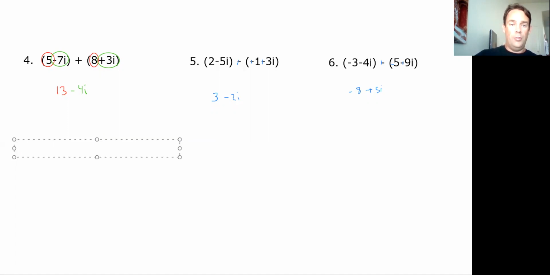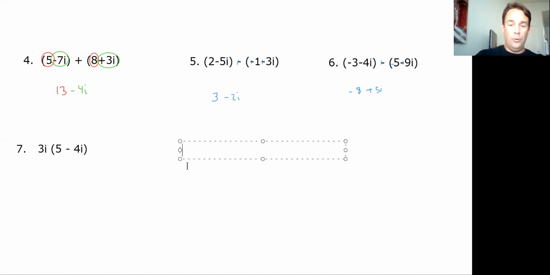All righty, let's keep going here though. So 7, how about I give you 3i times 5 minus 4i. And again, it's kind of nice, right? It's just a little review of what we had before. Nothing new. Just a nice review of what we did back in Integrated 2 and Integrated 3. 8.